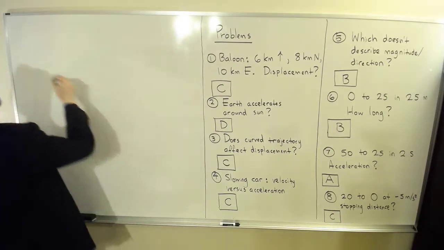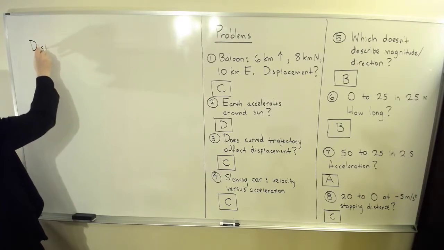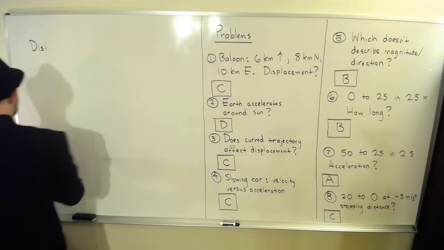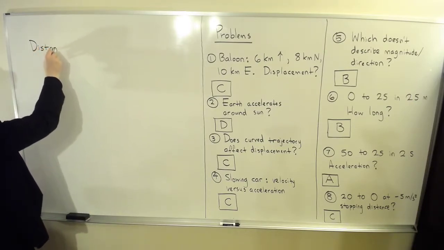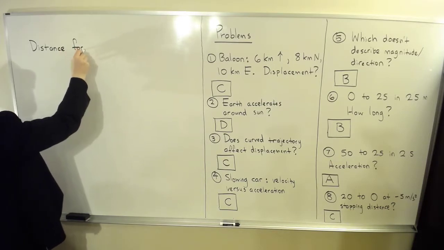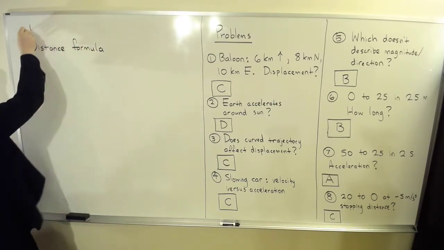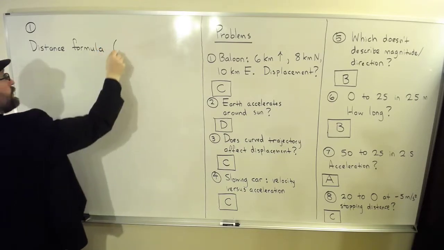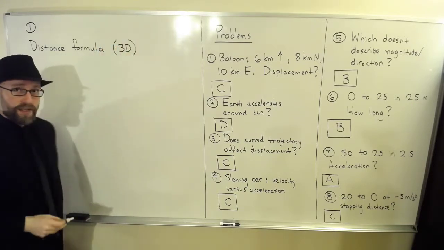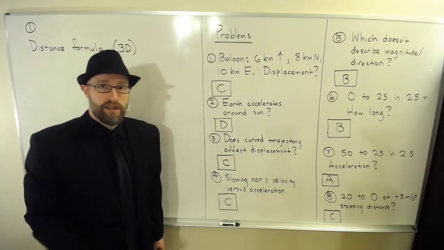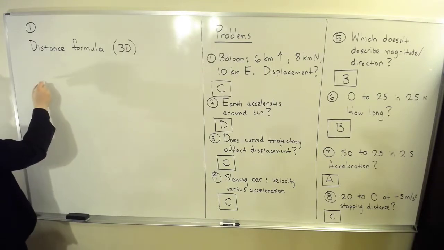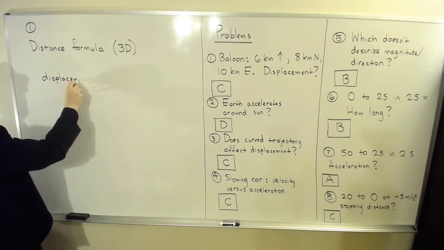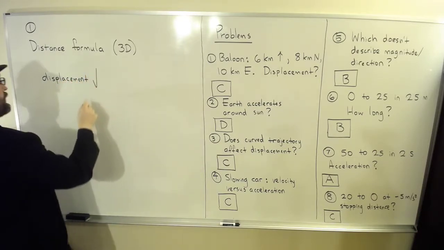Now, if you know what's called the distance formula, so this is number 1, for three-dimensional space, which of course we didn't talk about last time, and neither did it appear in the book up to this point, but if you do know the distance formula, then it would tell you that the displacement in this case is just the square root of the sum of the squares.